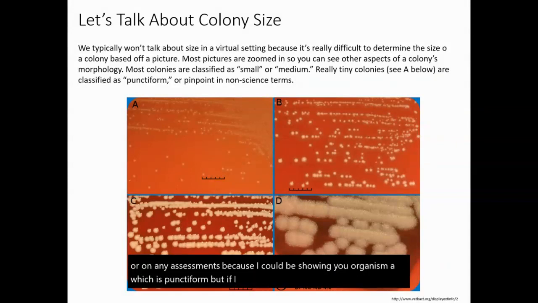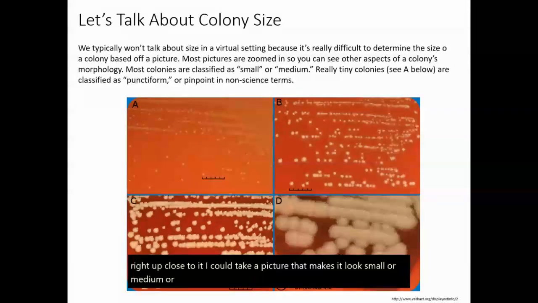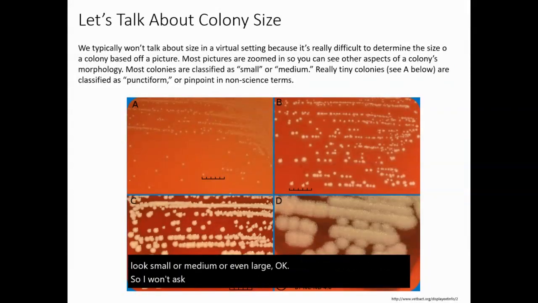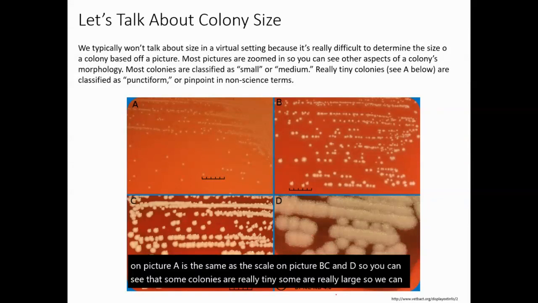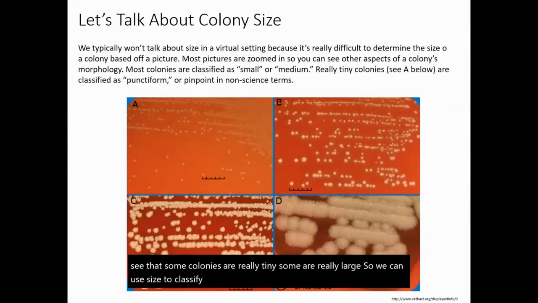But if I zoomed in on it, and put my camera right up close to it, I could take a picture that makes it look small or medium or even large, okay? So I won't ask you to do that, but I just want you to see that the scale on picture A is the same as the scale on picture B, C, and D. So you can see that some colonies are really tiny, some are really large. So we can use size to classify them.